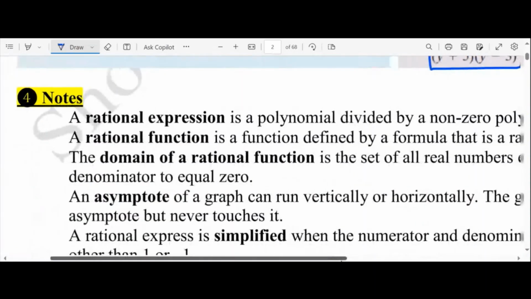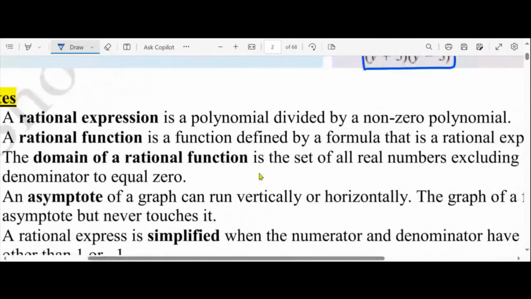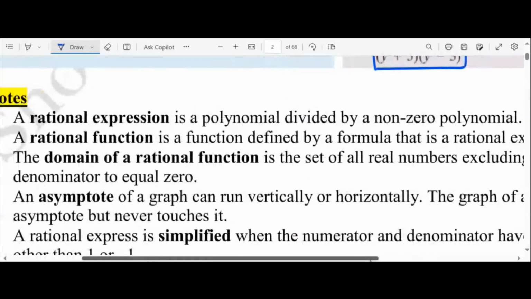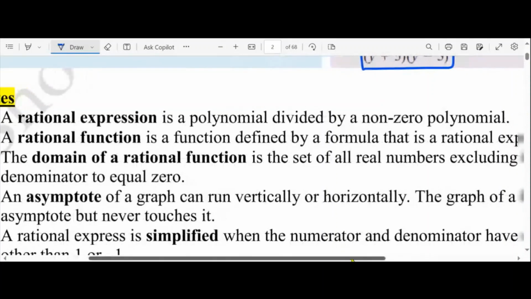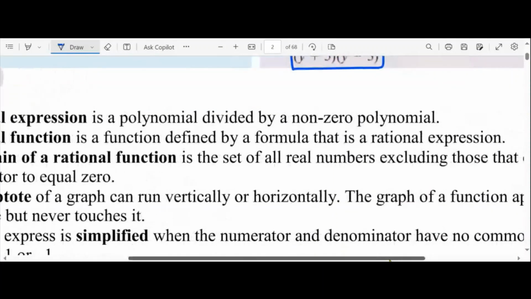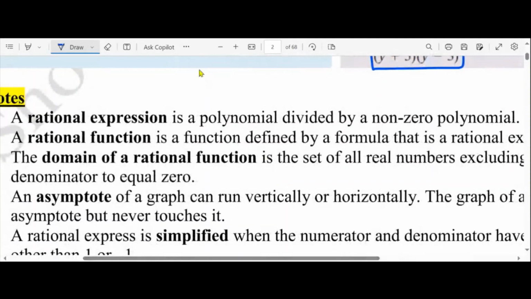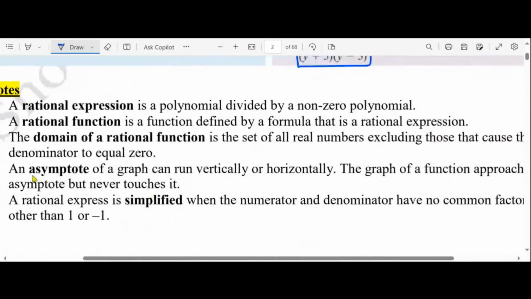Okay, now we have some vocabulary. A rational expression is a polynomial divided by a non-zero polynomial. A rational function is a function defined by a formula that is a rational expression. The domain of a rational function is the set of all real numbers, excluding those that can cause the denominator to be what? 0.